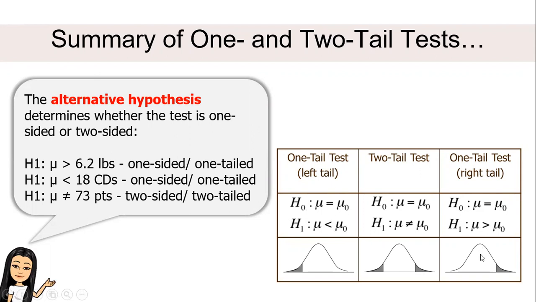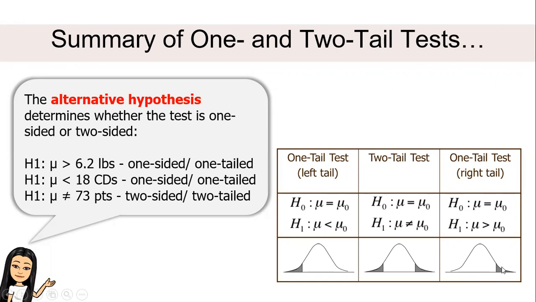So for example, you are actually claiming that the mean is probably located around here. So it's a one-tailed test, particularly a right-tailed test, because the value that you are trying to test might indeed be found at the right, or is greater than the hypothesized value.